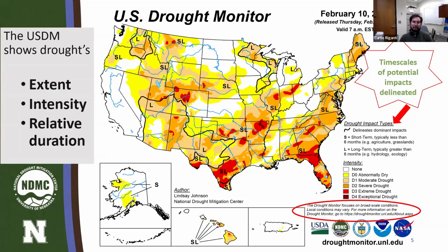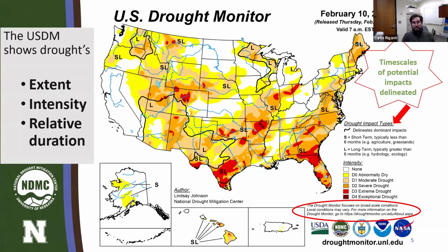If you look at the area from southern Utah into Arizona and New Mexico and parts of southwest Texas, and then around the Midland, Odessa, and Lubbock area, you'll see a couple L labels with a black outline around that. That's showing primarily long-term drought data.